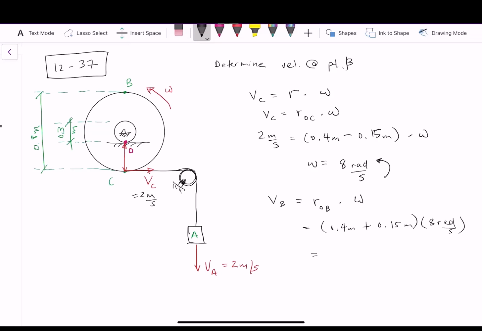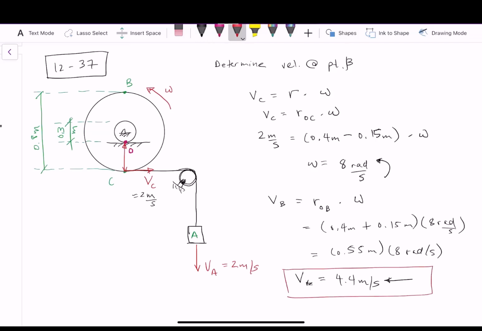So that's 0.55 meters times 8 rads per second, giving us a final value for VB equal to 4.4 meters per second. The other thing you always have to include is the direction with vectors. So it's going to the left.